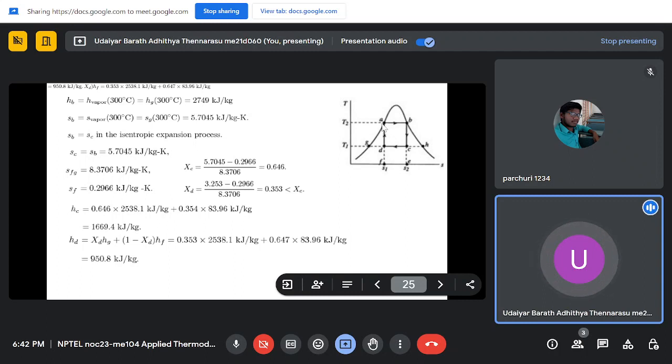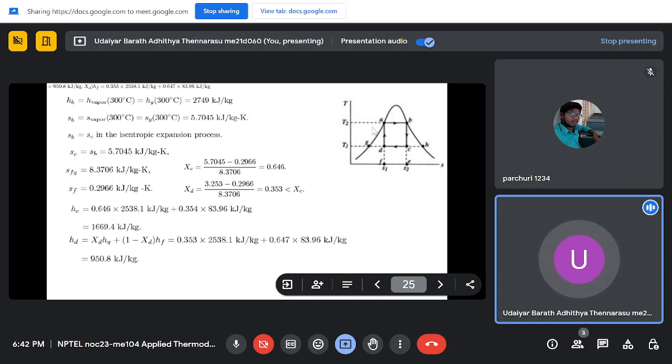And you also know that this being reversible compression and reversible adiabatic expansion, it is an isentropic process. So your entropy will be the same. So SB will be equal to SC, and you have the same for A and D: SA will be equal to SD.